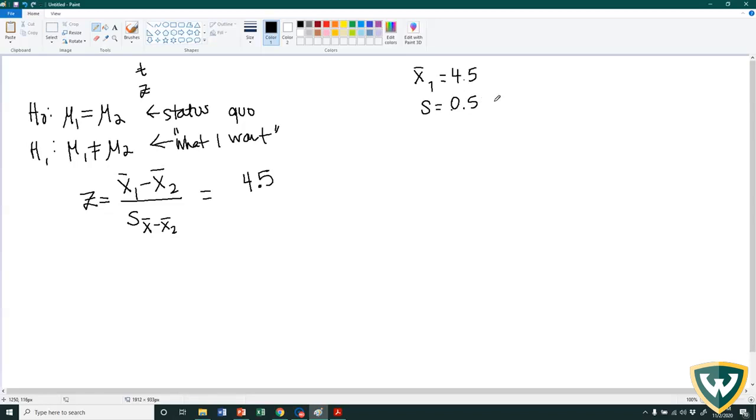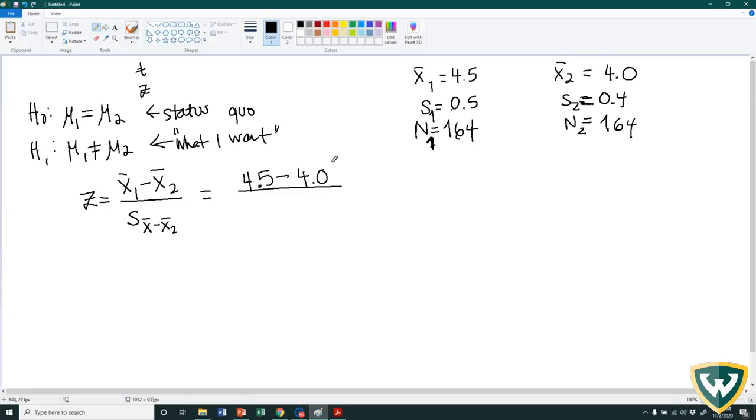The researcher said the number of people in group 1 is also equal to 164. x bar 2, the second 164 people he asked about the blue package, said that on average they are 4.0, and then their S was 0.4, and the n for the second group is also 164, right? So let's just plug these in. First group's mean is 4.5, second group's mean is 4.0. These are the means for the two groups.